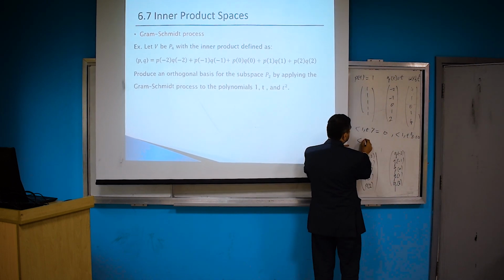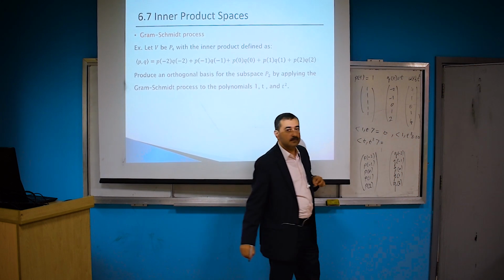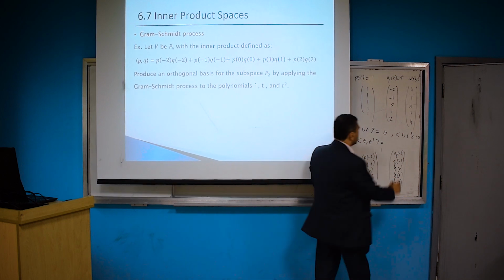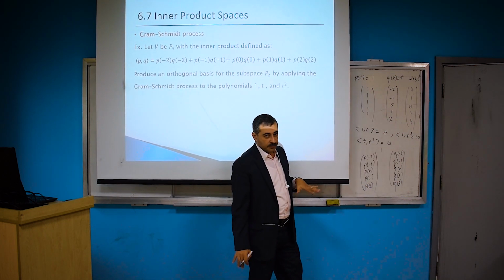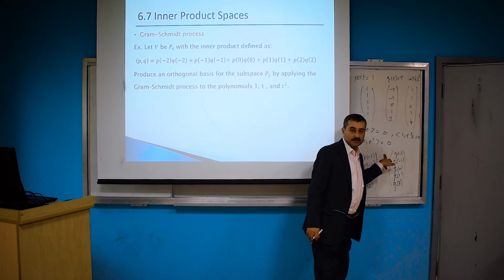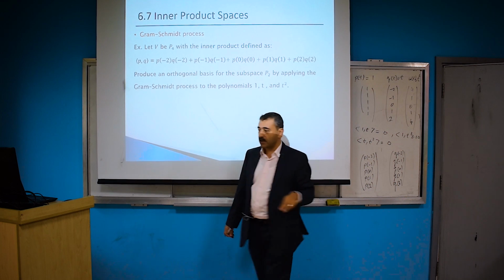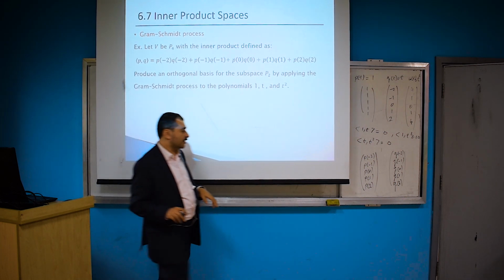What about t and t squared? 0, right? So this is not an orthogonal basis, because t squared is not orthogonal to the others. So I have to do Gram-Schmidt to do the orthogonalization.